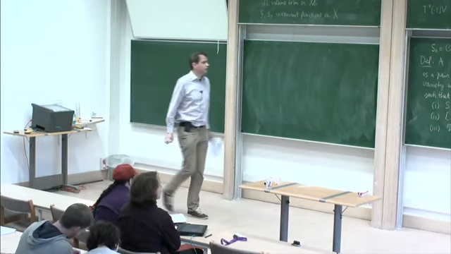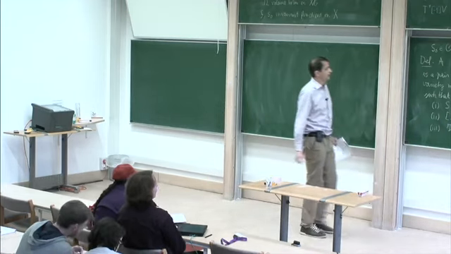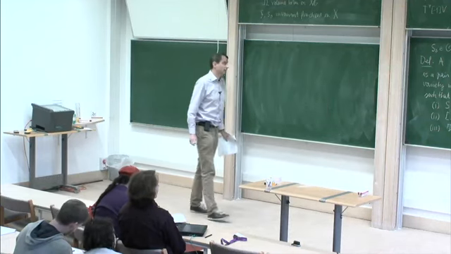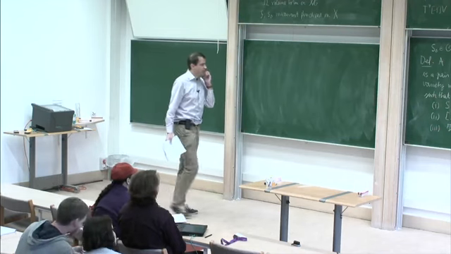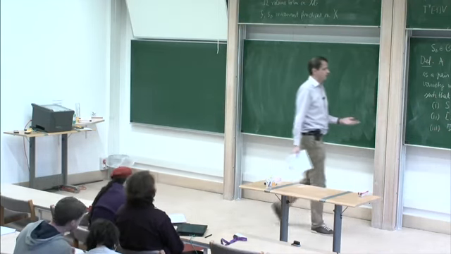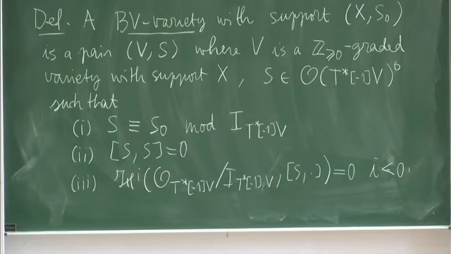And then, before I say something about existence and uniqueness of such solutions, let me write some consequences. Suppose you have such a BV variety, then you have a complex, and then you can say something about the cohomology.